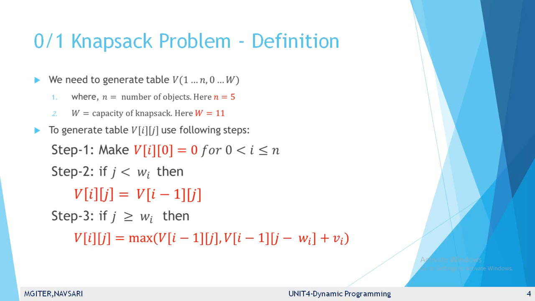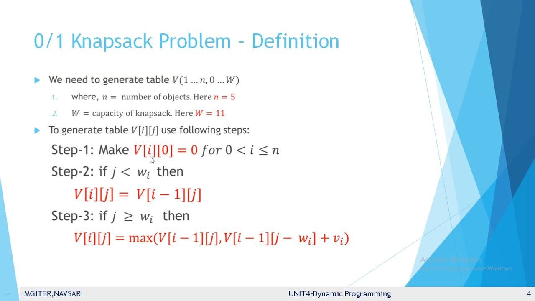For that, we generate a table of V, meaning values, in which we include 1 to n, the number of objects we include into the bag, and 0 to W, the capacity of the knapsack. Here we take n equal to 5 and capacity of the knapsack equal to 11. To generate the table, we have 3 steps.